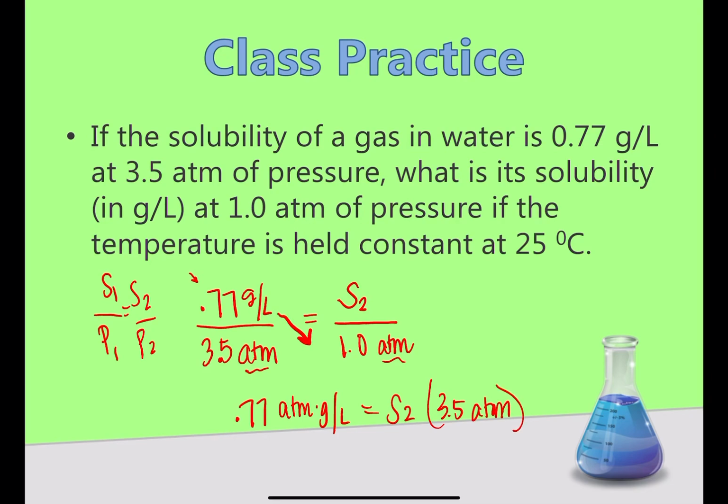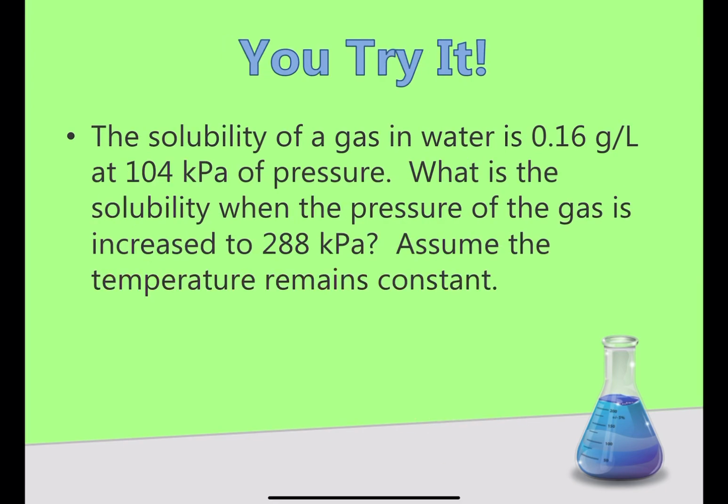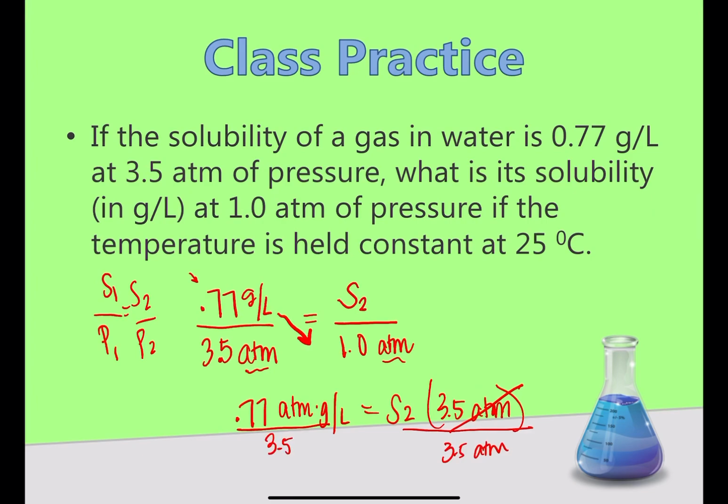Then we're just going to divide both sides by 3.5 atm. Our atm will cancel out, and it leaves you with 0.22 grams per liter equals S2. And as we said, that decreased, right? Our pressure went down, and so our solubility should have also gone down.